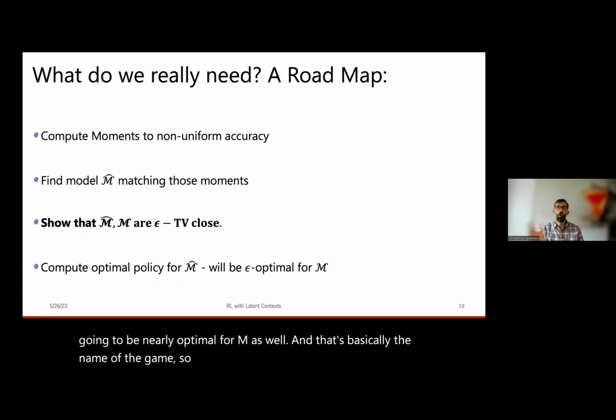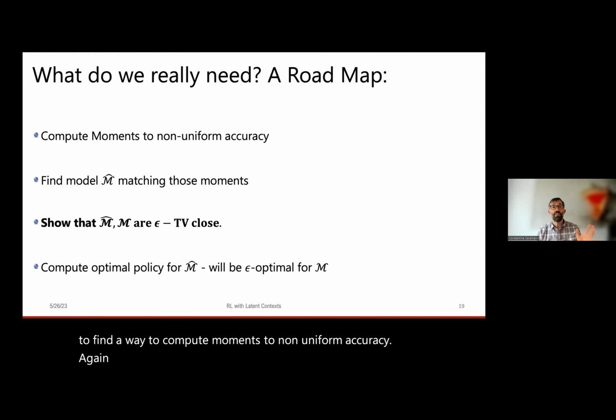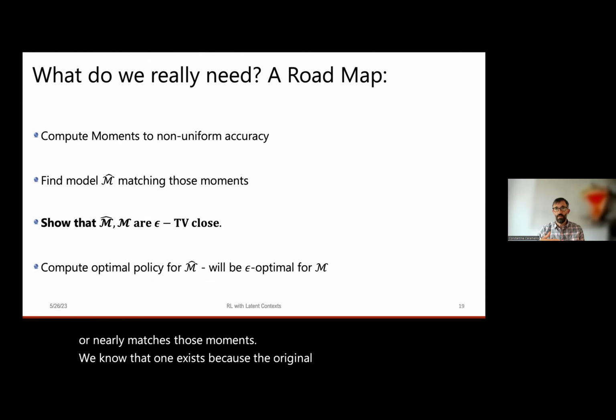So in other words, the roadmap here is I want to find a way to compute moments to a non-uniform accuracy. I'm going to find a model that matches those moments or nearly matches those moments. We know that one exists because the original model nearly matches those.